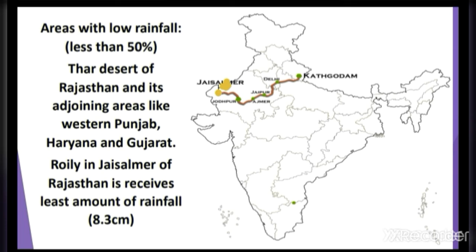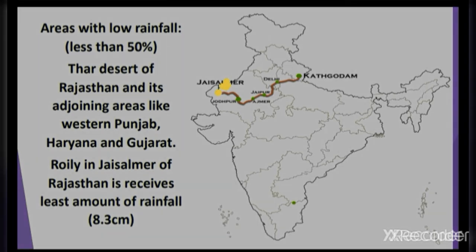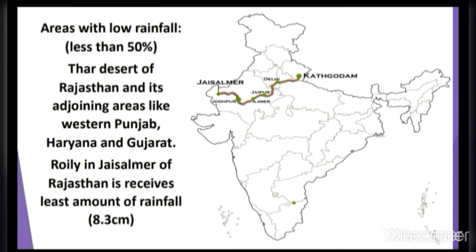Jaisalmer of Rajasthan receives the least amount of rainfall. It had recorded 8.3 centimeter rainfall here, which you are seeing in the map. Least rainfall.